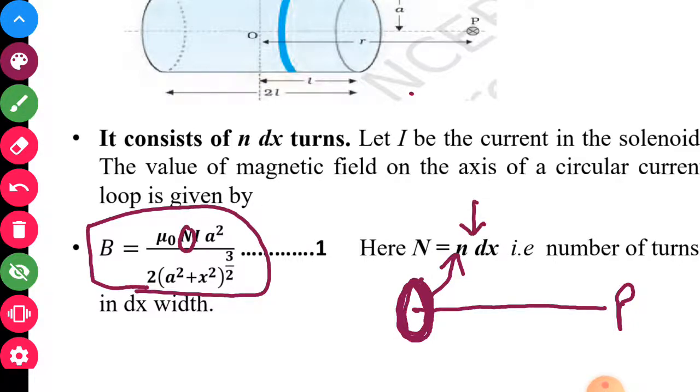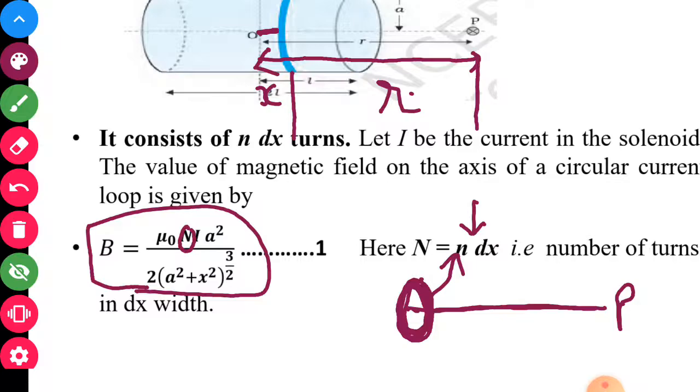The distance of this point P from this current loop, that also we shall calculate. See, total distance from center O to this point P is R. What is the distance between the center of the solenoid and the loop? That distance is x. So the distance of this point P from this blue colored loop will be r minus x.